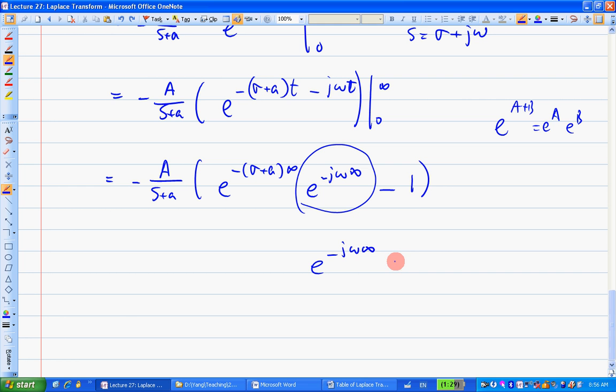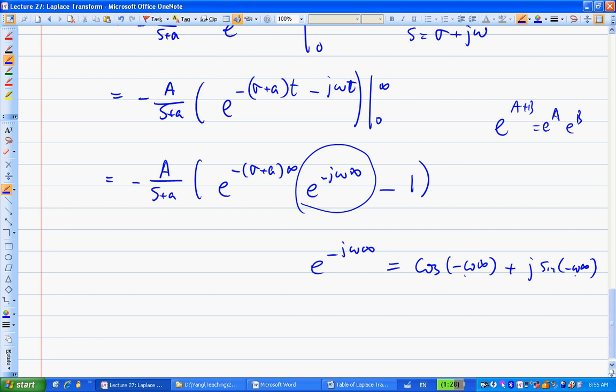If this were not infinite, say some number like 2 or 3, then remember Euler's formula: it equals cosine of negative omega times something plus j sine of negative omega times something. So whatever you put here, this is going to be cosine something plus j sine something.